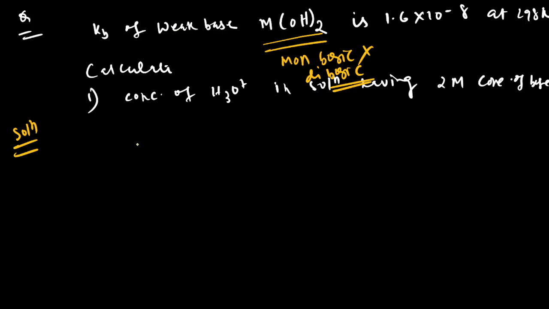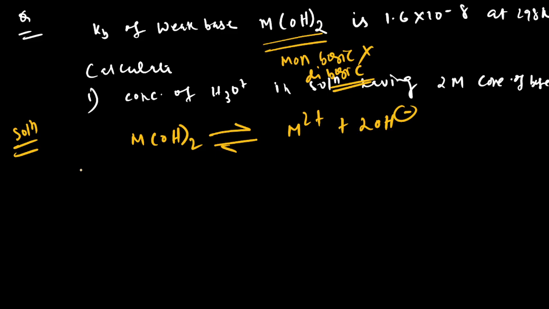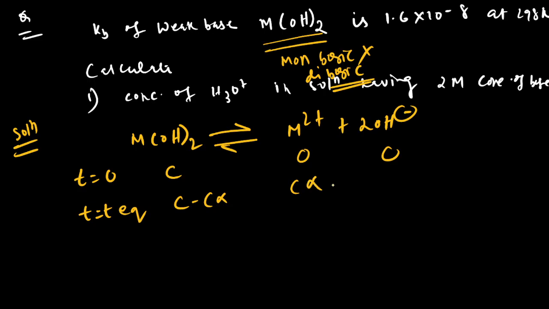So for this, what will you do? Just know that this dissociates into M2 plus and 2OH minus. At T equal to 0, suppose the concentration is C, and nothing has formed. When T equals T equilibrium, C minus C alpha is consumed, then this will form C alpha.